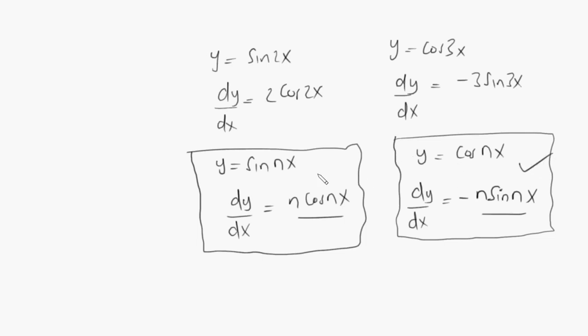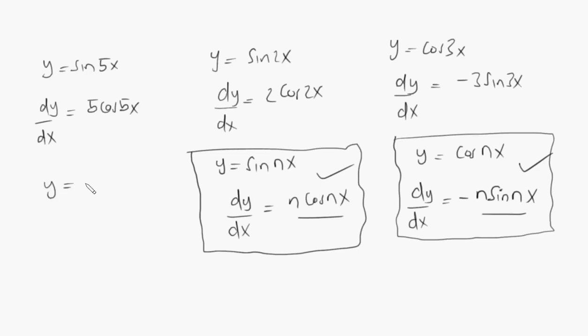Okay, that is how it is. You can derive them yourself by first principle, but this is how it is. So even if it were y equals sin 5x, the answer will just be equal to 5 cos 5x.